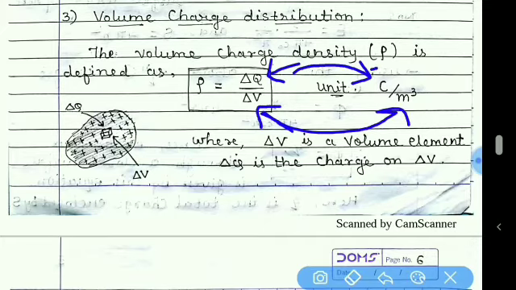So the unit of volume charge density is coulomb per meter cube. So this is about the continuous charge distribution, and with the help of this concept we can find the electric field or the force around such distribution.